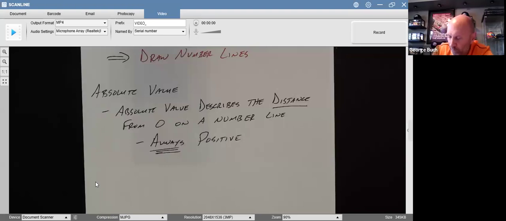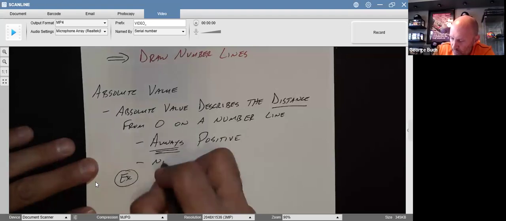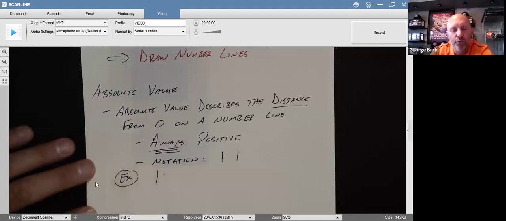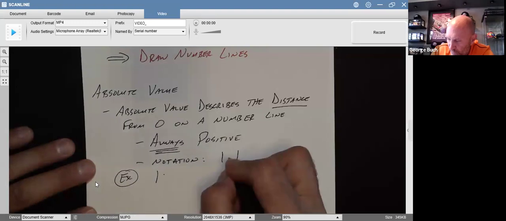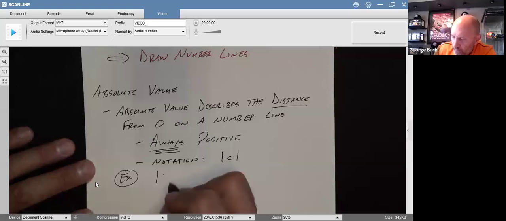So for example, oh, and this is the notation. Sorry, let me write that. Notation is like these two vertical bars with some value inside. Let's call it C, some constant C. So one more thing here.